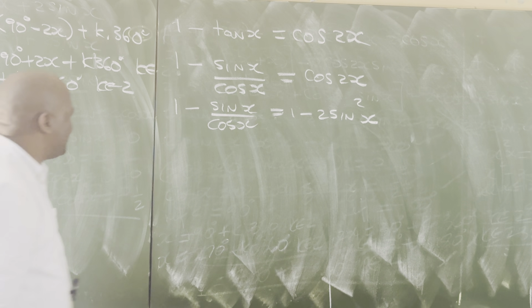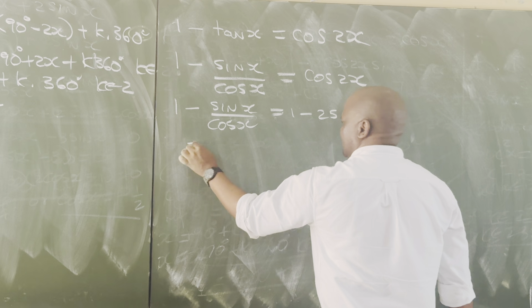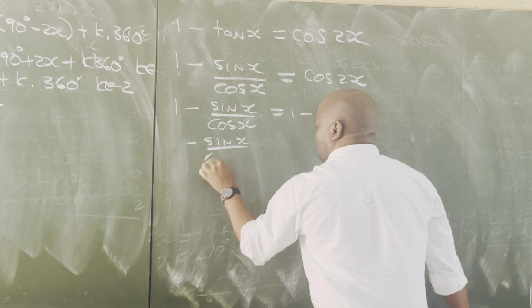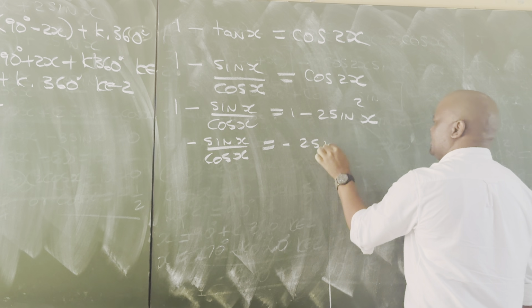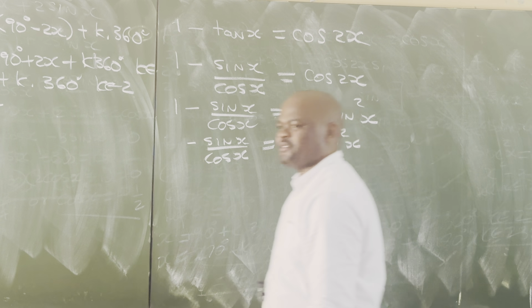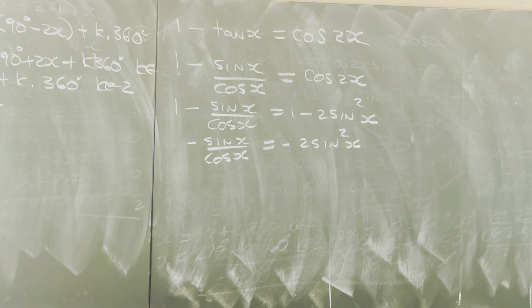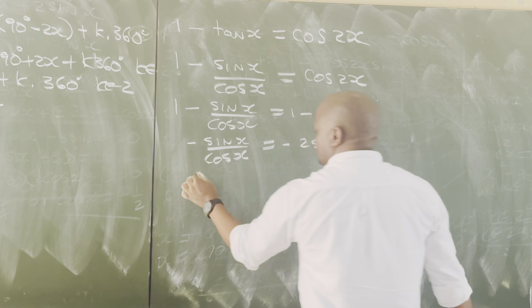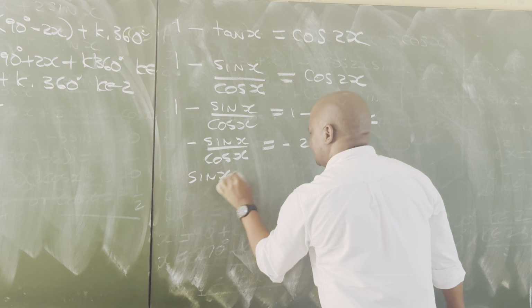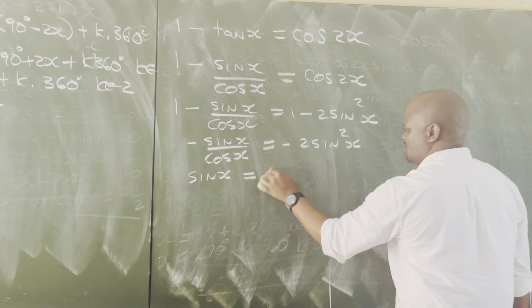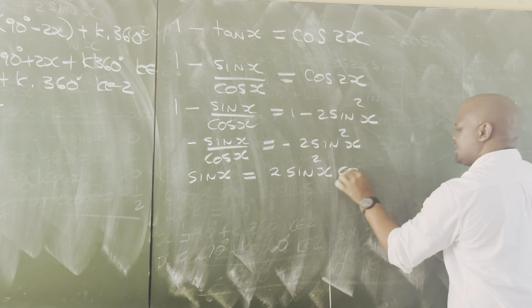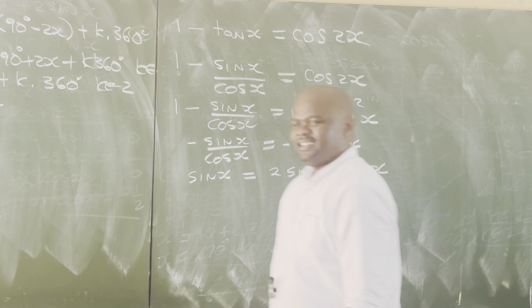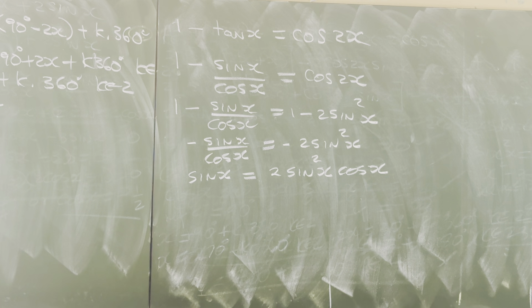We don't have 1 anymore, which means we are only remaining with sine x over cos x is equals to negative 2 sine squared x. And then from here, times by negative cos. So this will be sine x is equals to 2 sine squared x cos x. Should we divide by sine x?